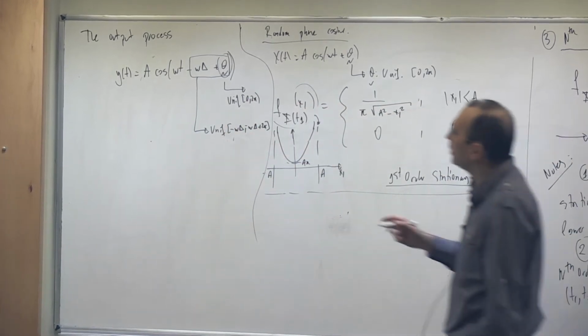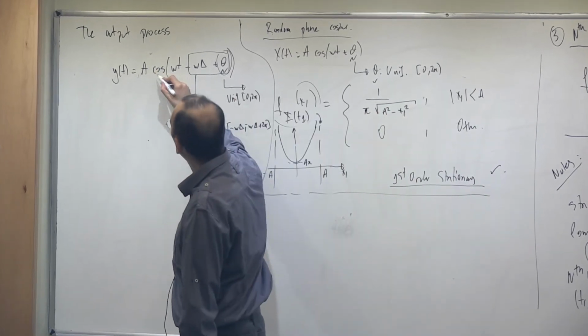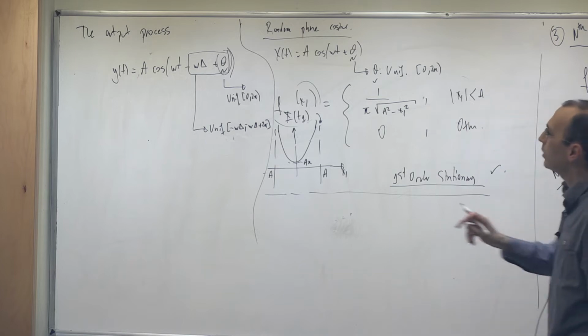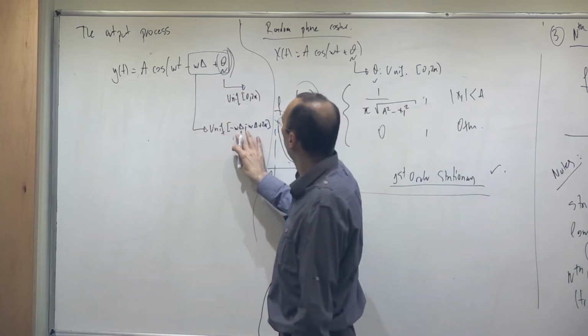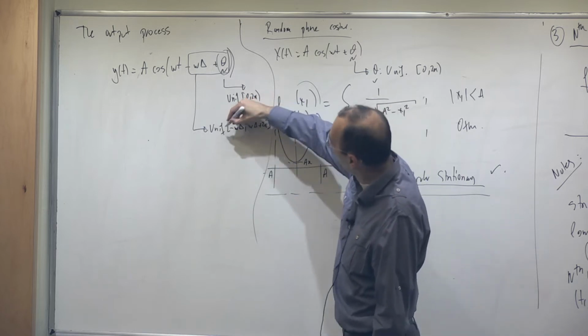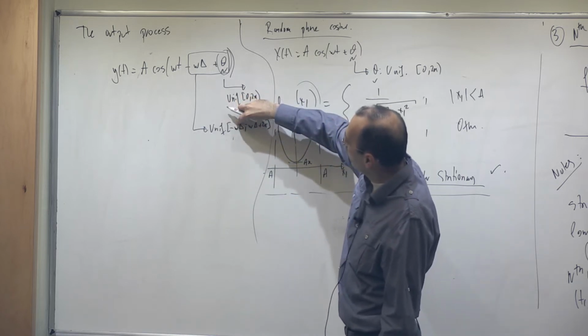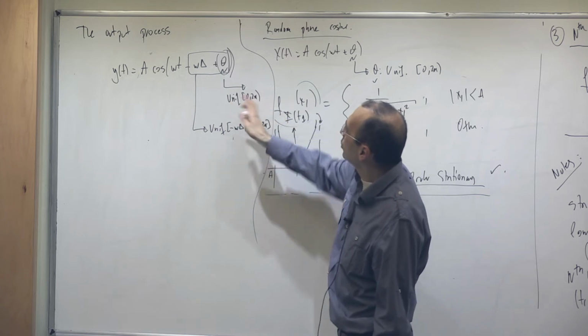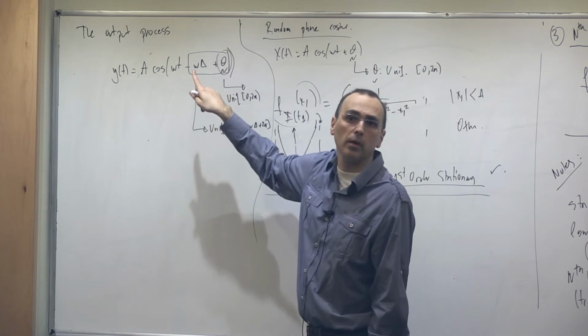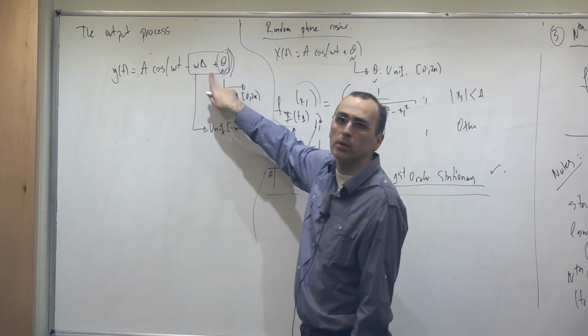And as we have said, well, this cosine is, argument of the cosine is periodic by 2 pi. So it doesn't matter whether you have this uniform density starting at some point or at 0, because at the end, this argument of this cosine is evaluated by modulo 2 pi.